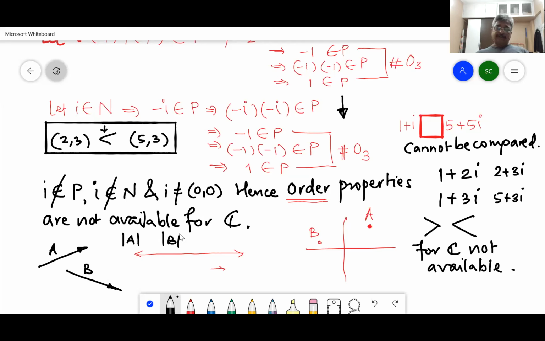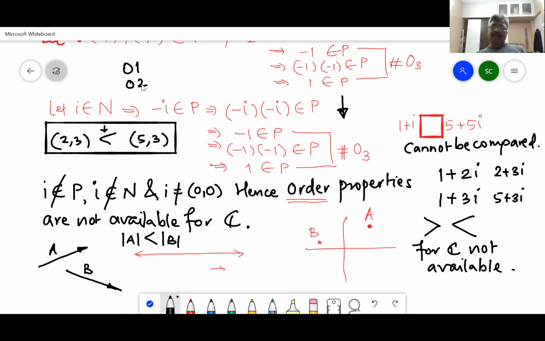Sir, can't it happen that two of O1, O2, O3 are correct and one is incorrect? Two amongst three are satisfied and one is not. That is what you want to say. See, O1 and O2 are parallel.